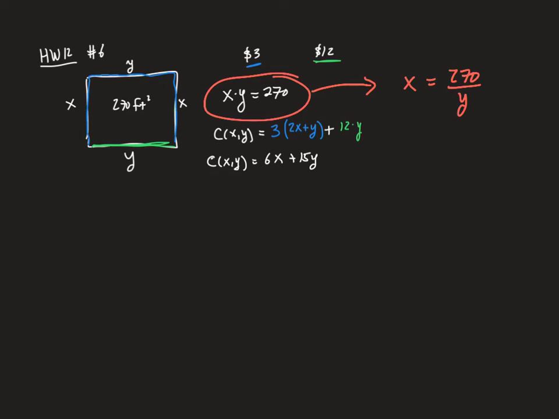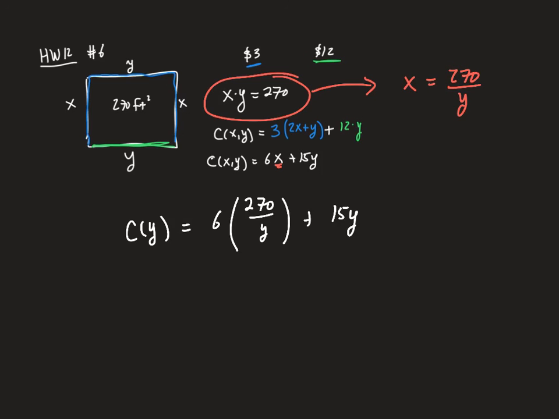Then I can replace this x, and what I'll be left with is a cost function based on y, which is 6 times 270 over y plus 15y.